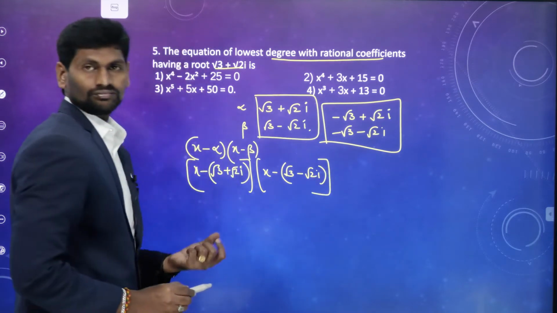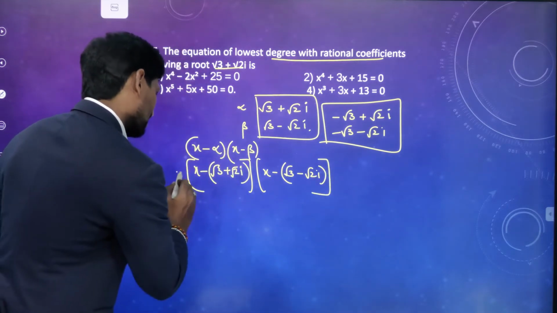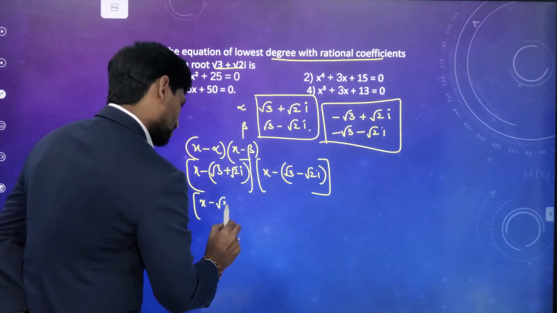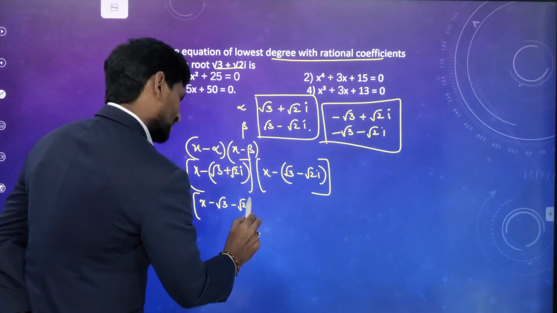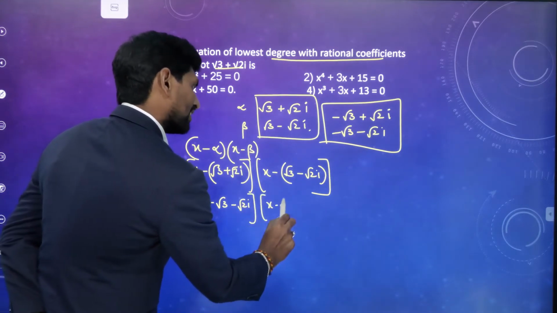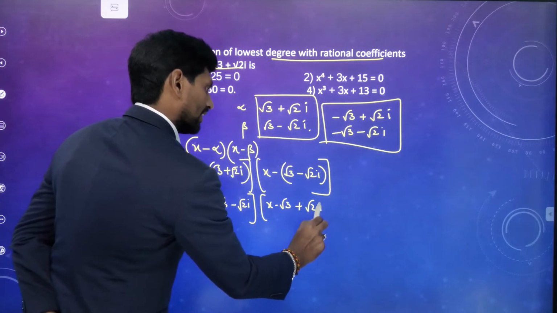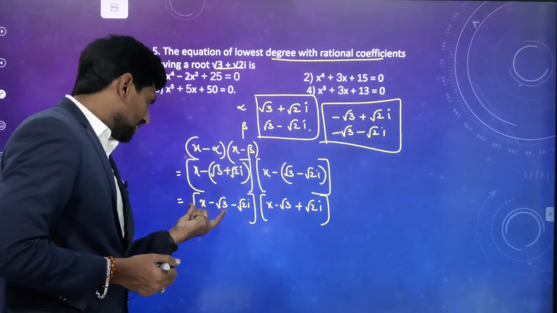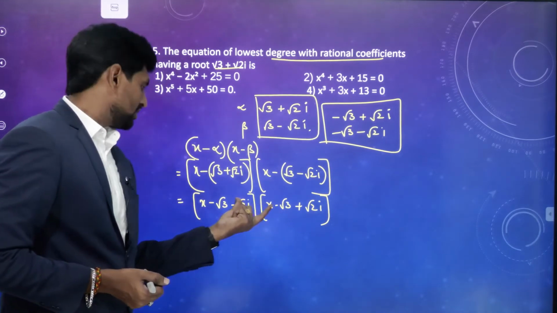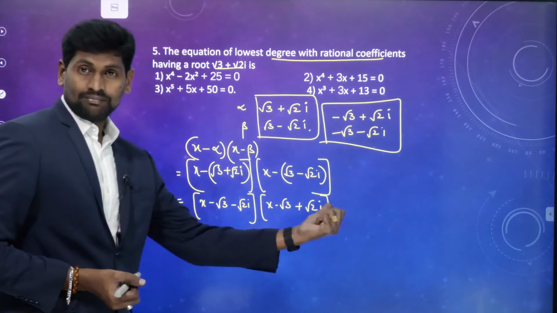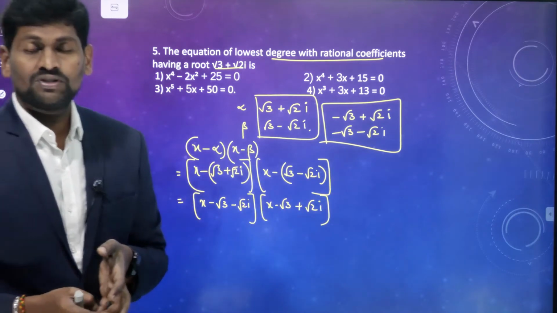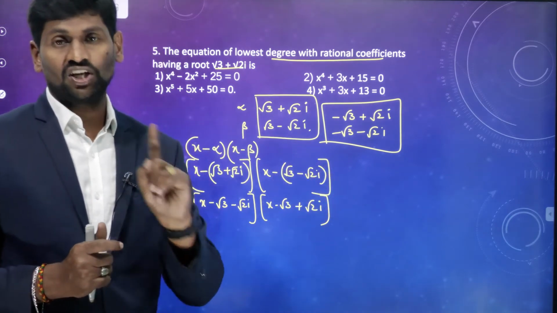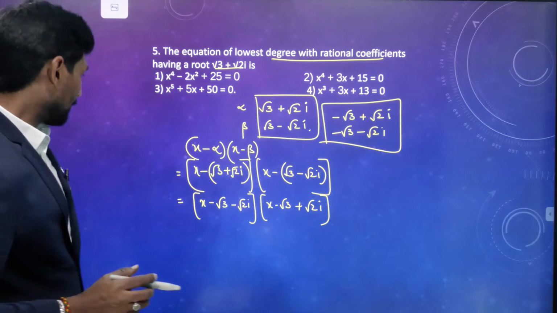Okay, let us simplify this without the minus symbol, without this bracket here. I am writing this x minus root 3 minus root 2i and x minus root 3 plus root 2i. Same as the previous problem, the first two terms in the first bracket and the first two terms here are the same, and the second terms are the same, but only the symbol changes between them. So it is in the form of a minus b into a plus b, nothing but a square minus b square, one of the algebraic identities. Let us apply here.